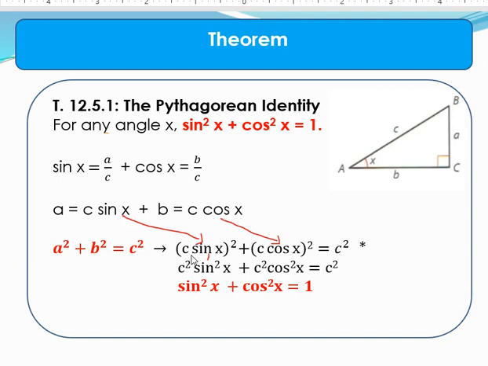Sine times sine will be sine squared, and we just drop the x down. And we do the same thing with this expression. So we've rewritten the expression, and guess what we have? We have our trig identity, sine squared x plus cosine squared x equals 1. So you just derived these two sets of equations to prove the identity.